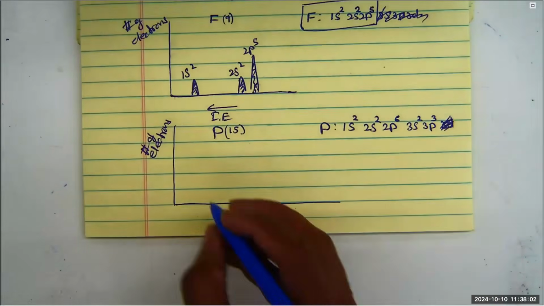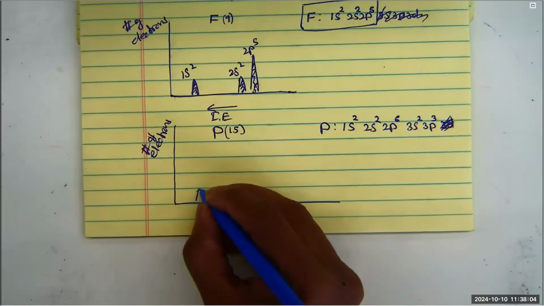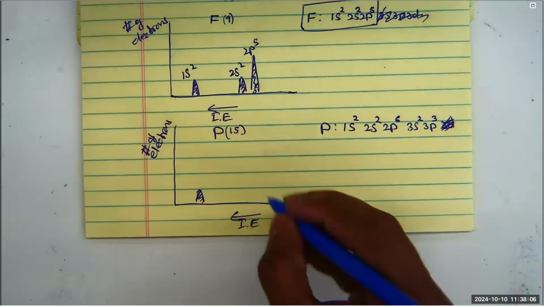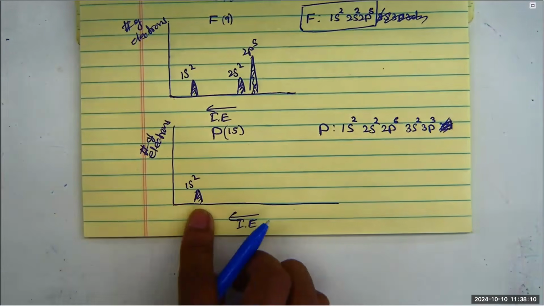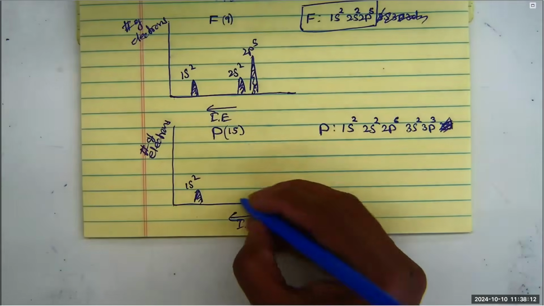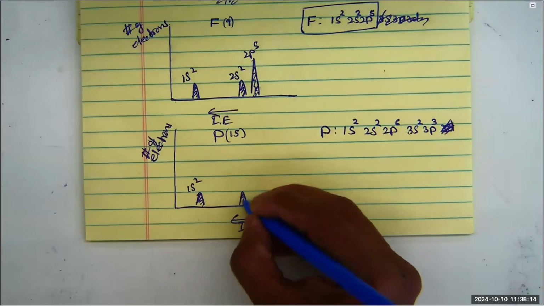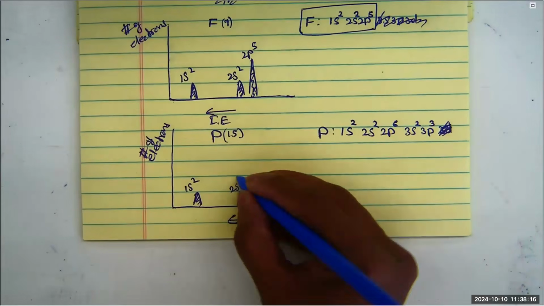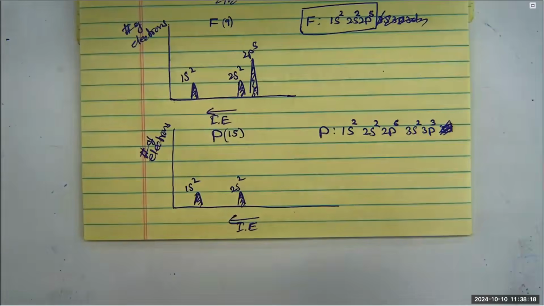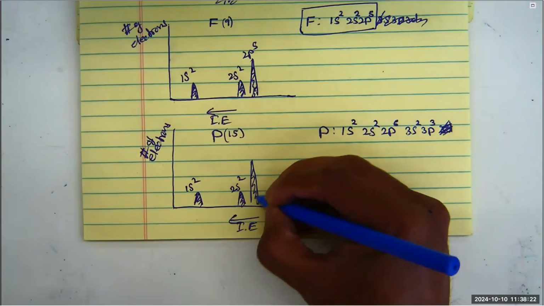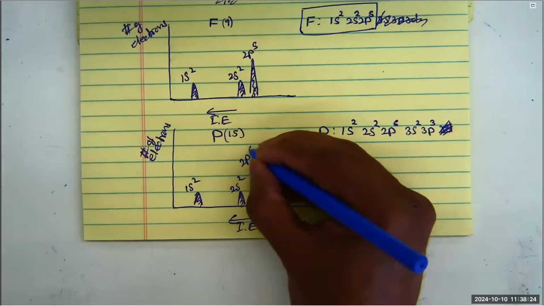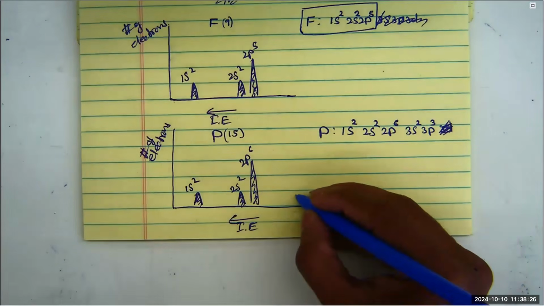Now we draw the photoelectron spectrum. 1s is the closest to the nucleus with the highest ionization energy. This is 1s2. And then I'm going to separate my first shell from the second shell with a large energy gap. Here's my second shell. 2s has 2 electrons, and then we have 6 electrons in 2p.